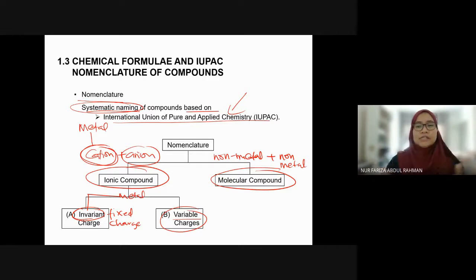So this is the overview of the nomenclature on how to name a compound. You need to differentiate the components of the compound itself before we go on to naming the compound.